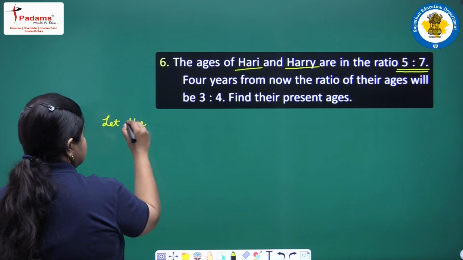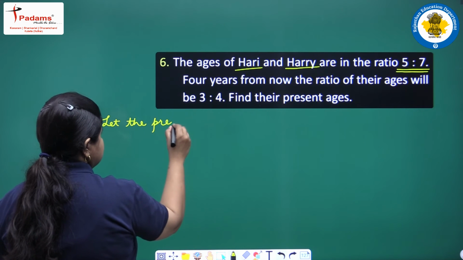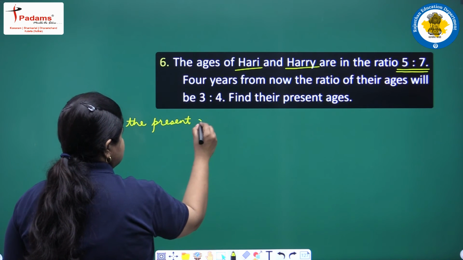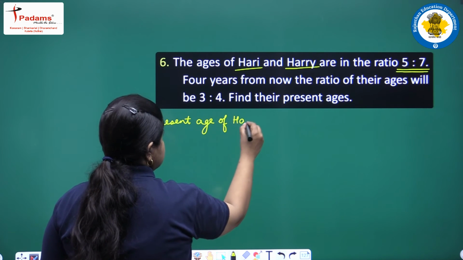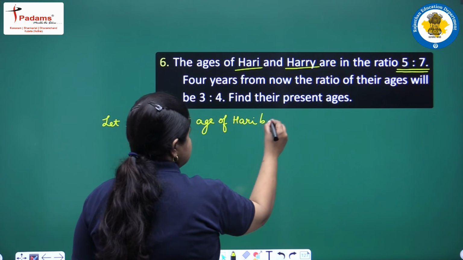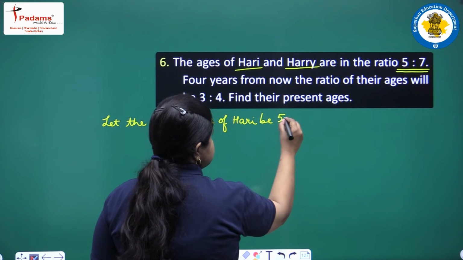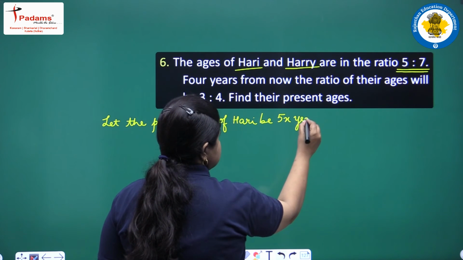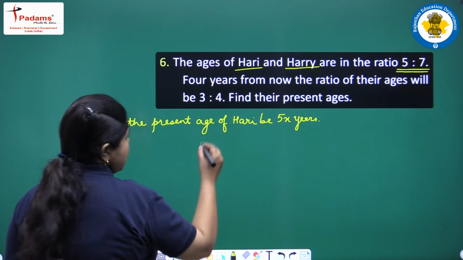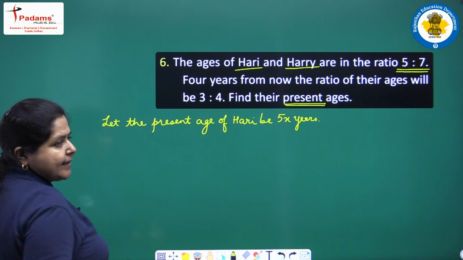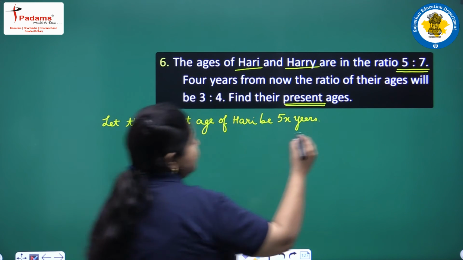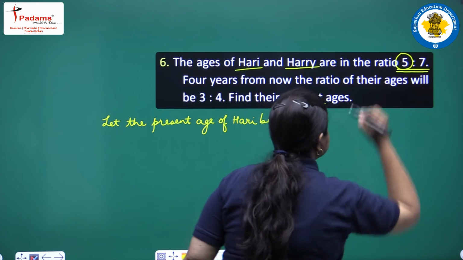Let the present age of Hari be 5x years, because their present age has been asked. So we have taken the present age of Hari to be 5x years from here.